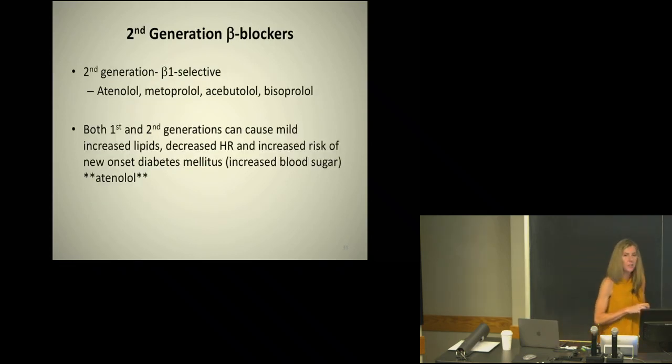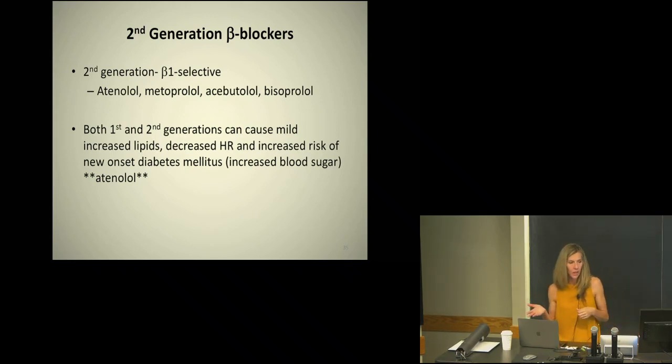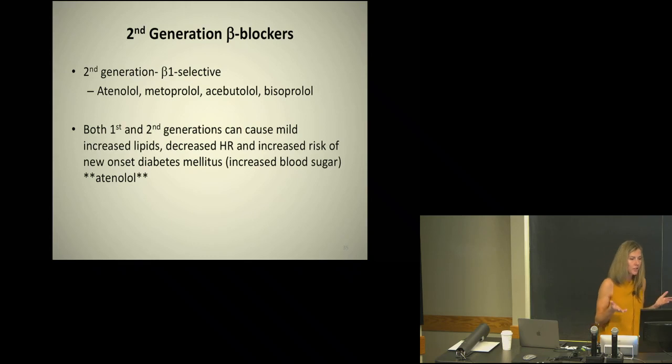Okay, so then came the second generation beta blockers, and what I want you to remember about the second generation beta blockers is they are more beta 1 selective. Okay, so these have good properties in terms of what we want to use them for, elevated blood pressure.